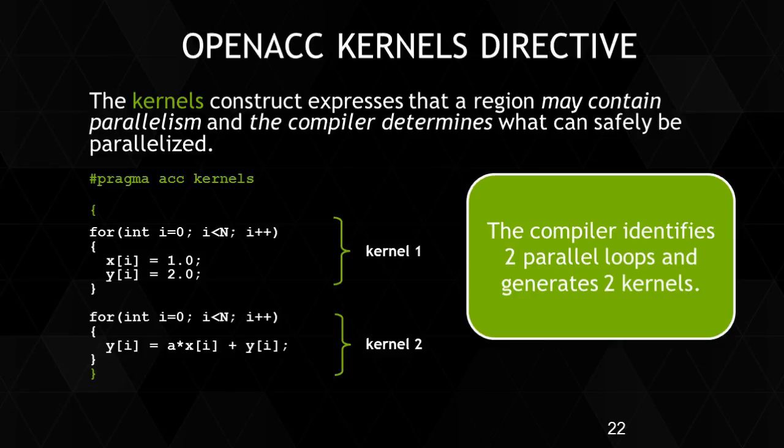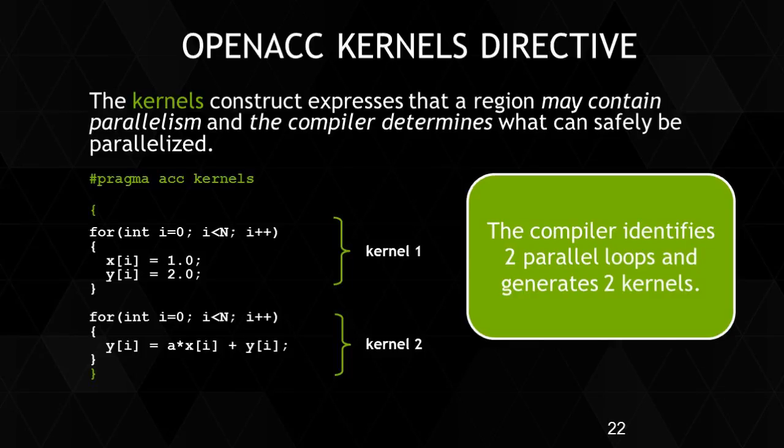And if it determines the second one is safe to parallelize, which again it is, it will parallelize that. And so here I've now been able to accelerate more of my code using this one directive. The trade-off is that, of course, I'm relying on the compiler to be able to correctly interpret my code. And in this case, it's very simple, and the compiler can do that.